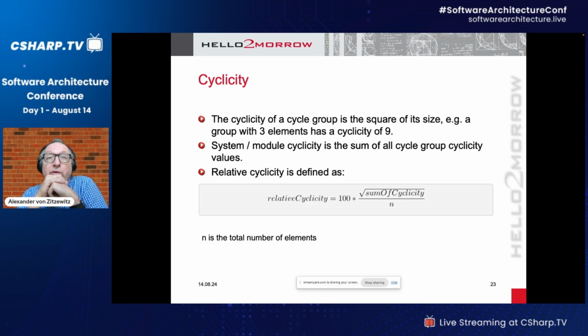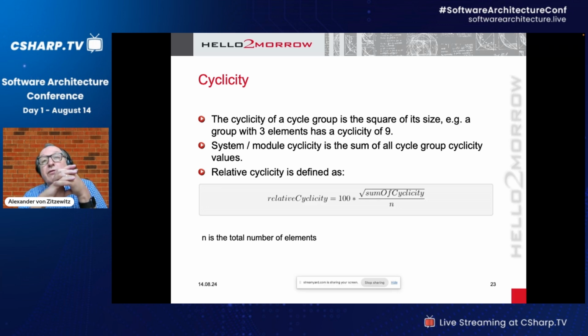In that case, relative cyclicity could be calculated from the sum of cyclicity. In this case, we only have one cycle of 100 elements. The cyclicity would be 10,000. The square root of 10,000 would be 100, divided by 100 would be 1. And then we get 100% relative cyclicity. So that's a worst case scenario. One big cycle comprising all elements, and we get the worst value of relative cyclicity.